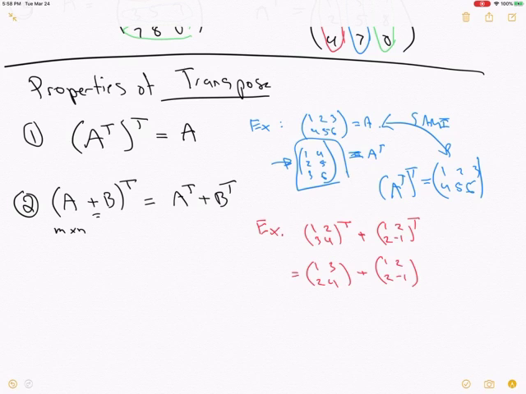That was a bad example because it's symmetric. And then you add them, and when you add them, you get 2, 5, 4, 3. And that's the same thing as if you first added the matrices.